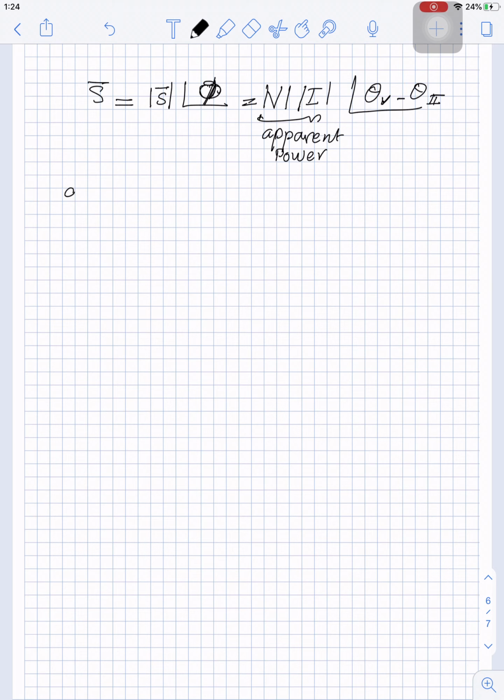Now here's a question. If you have V vector equal to magnitude V, angle theta V, and you have I vector equal to magnitude I, angle theta I, write down an expression for S vector. I will give you 30 seconds to answer this.